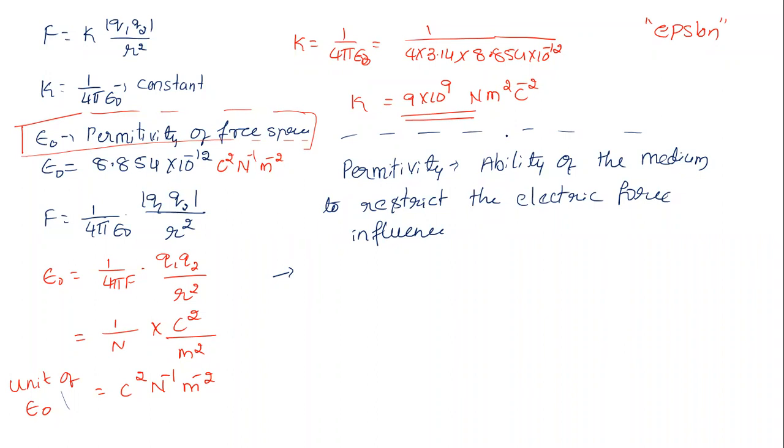This is the one we have taken, which we indicate as epsilon naught. And one more thing is what we call epsilon r.